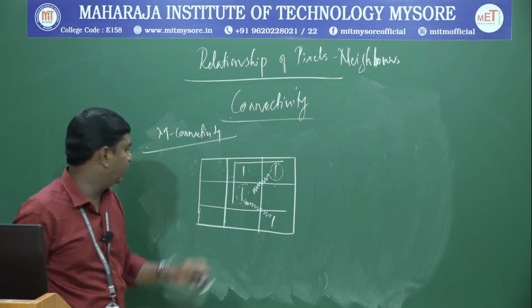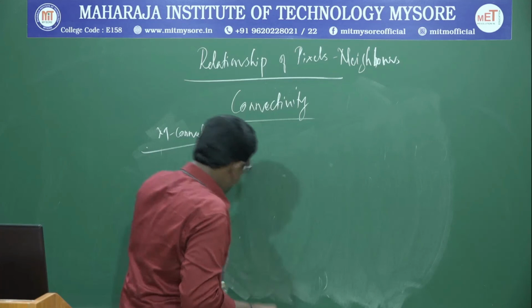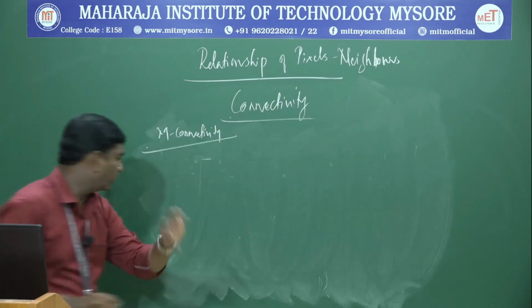What does this mixed connectivity tell? We have applied 2 rules here. I would like to write the 2 rules.